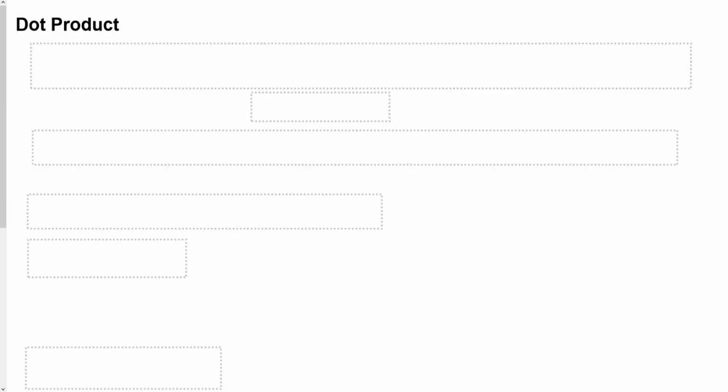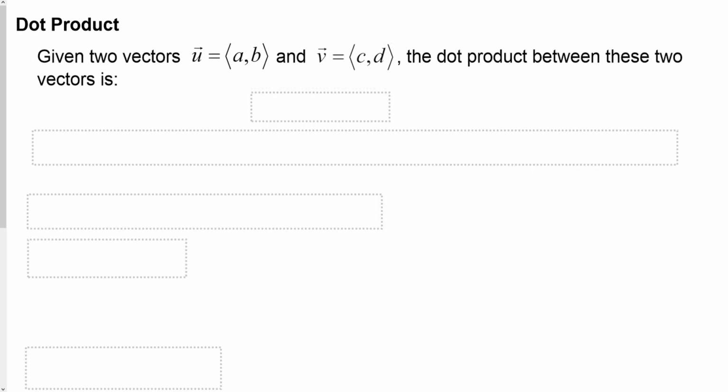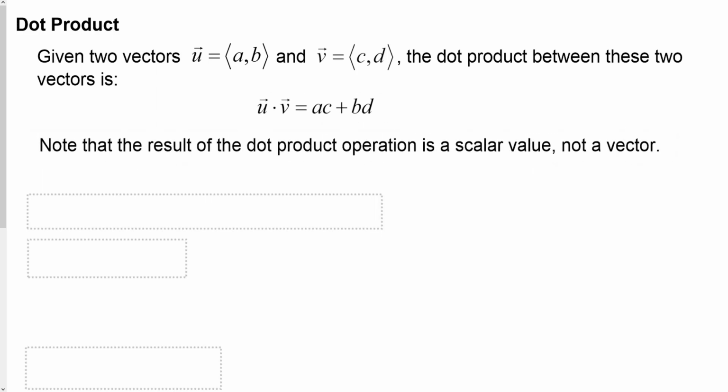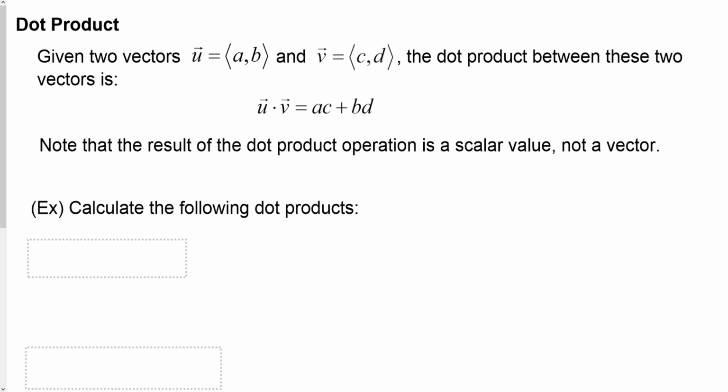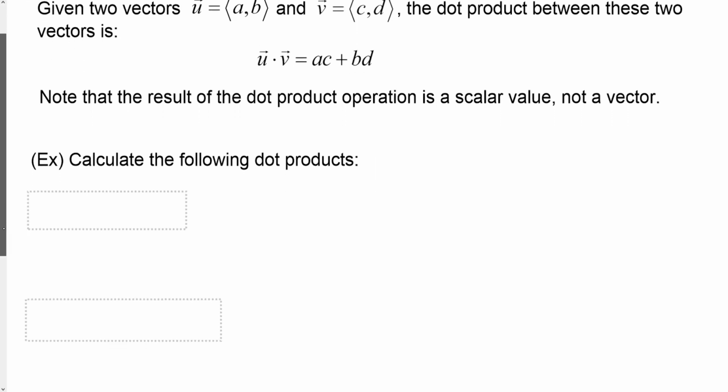The dot product. Given two vectors u equals ab and v equals cd, the dot product between these two vectors, u dot v, is ac plus bd. Note that the result of the dot product operation is a scalar value, not a vector. Let's calculate the following dot products.